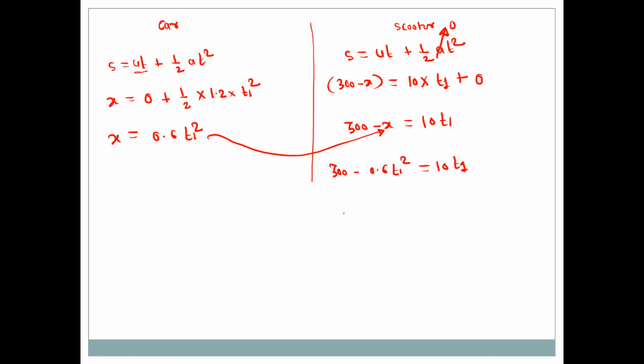So this will be 0.6 t1 square plus 10 t1 minus 300 is equal to 0. Now this complete equation is a quadratic equation in terms of t1. So solve this in your calculator in the equation mode.